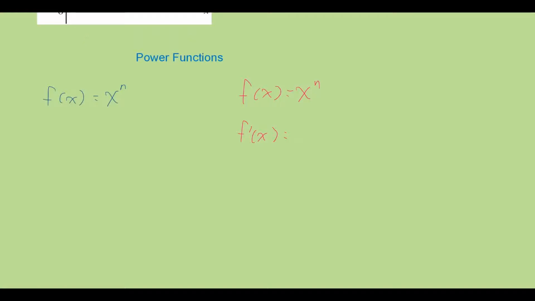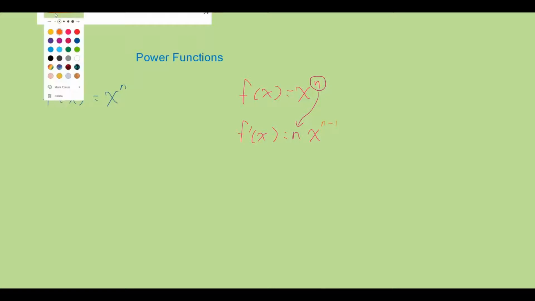In the exponent, we have this power n. We're going to bring it down to the front, and then copy the x, and the new power of x is going to be decreased by 1. So instead of n, we have n minus 1. And that's the derivative formula for power functions.